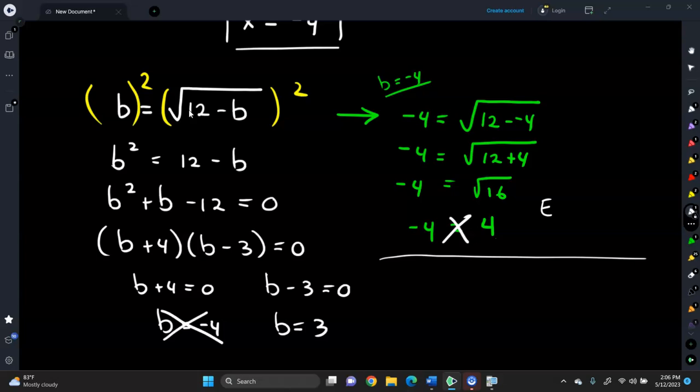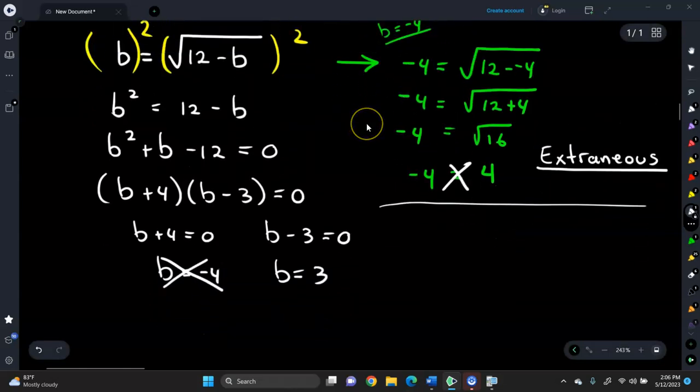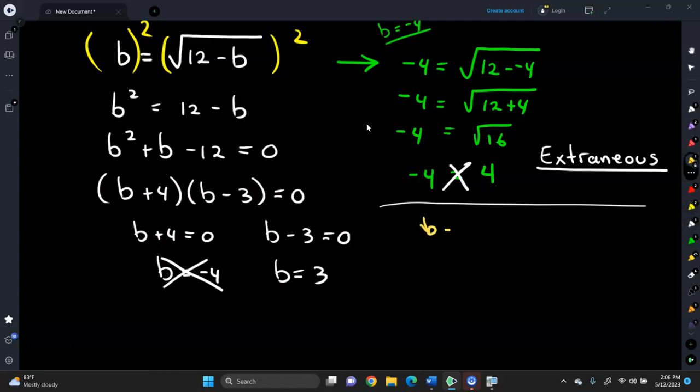That's called an extraneous solution. It's a solution that doesn't actually work. Okay, extraneous solution. So when it says to check for extraneous solutions, that's what we're doing. We're plugging it back in to make sure that everything works. Okay, let's check b equals positive 3.